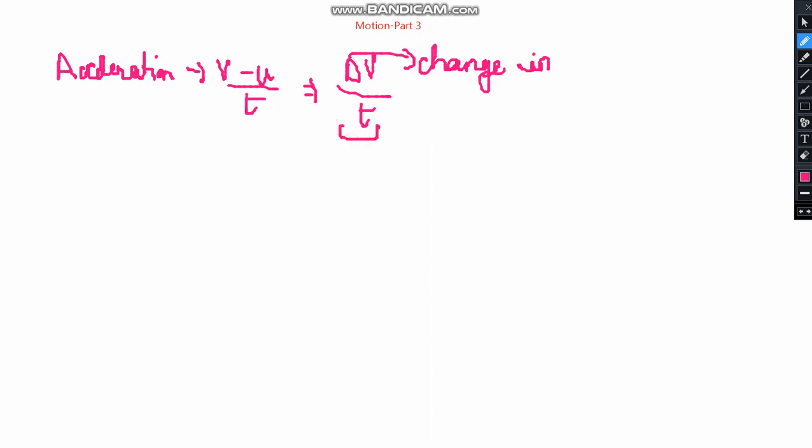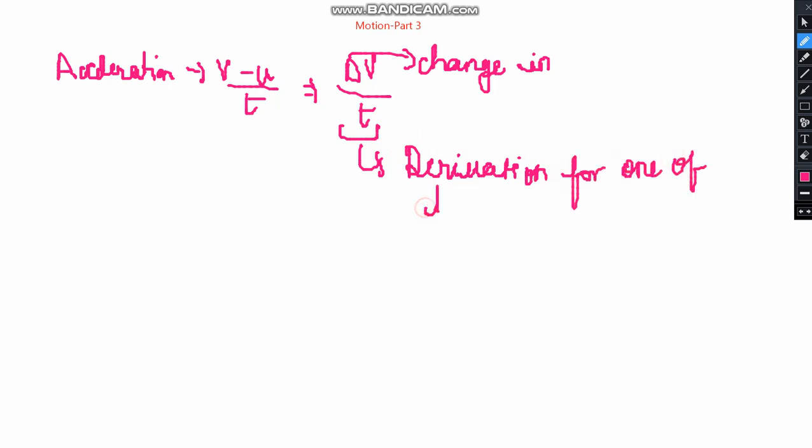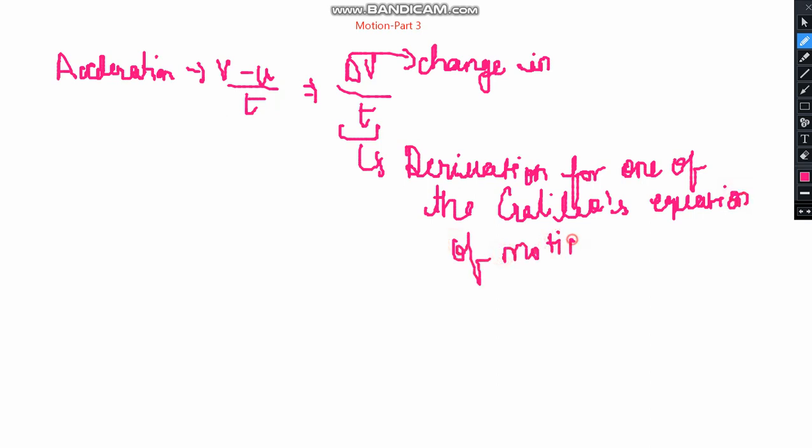Very important and useful formula, because we can use it to derive one of the Galileo's equations of motion. So let's get straight to it.